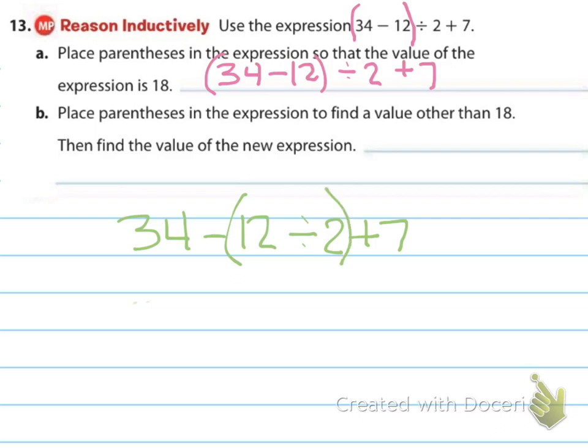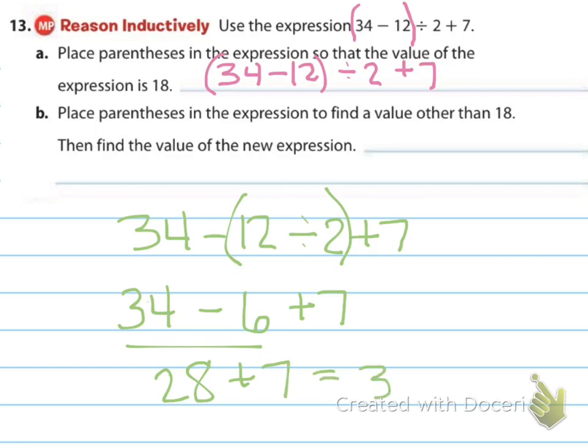Let's say the parentheses were right here. And I was doing 34 minus 6 plus 7. 34 minus 6 is what I would do first at this point, and that's going to be 28. 28 plus 7 is 35. And so therefore I have an answer that is other than 18.